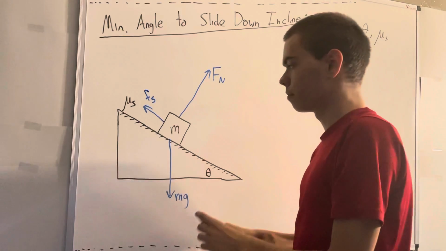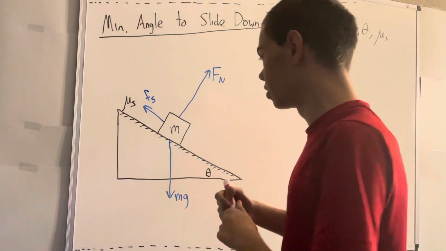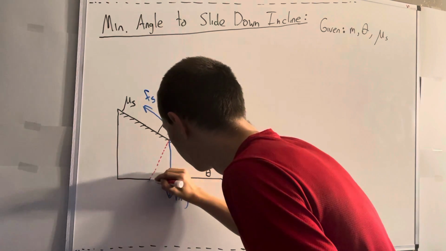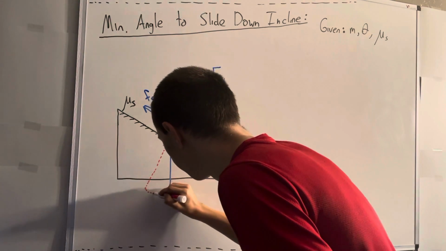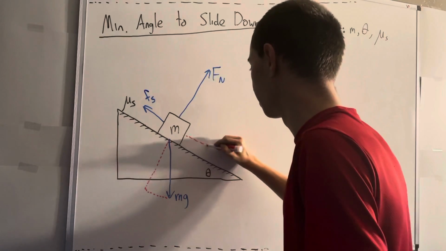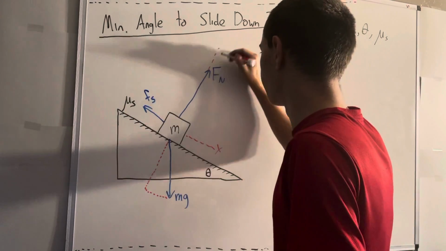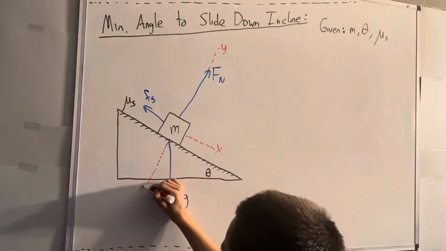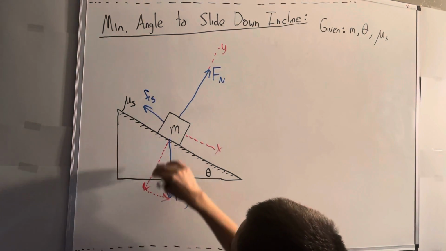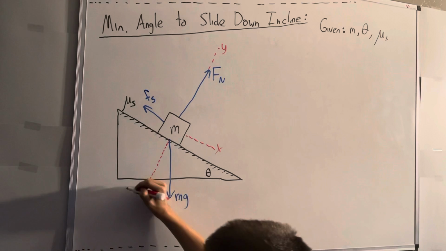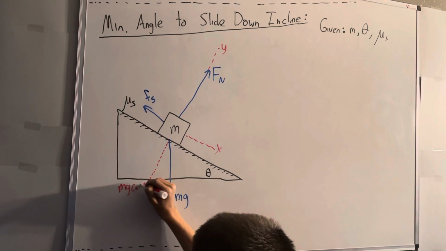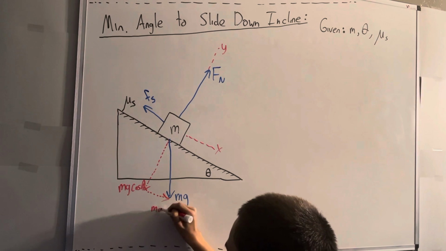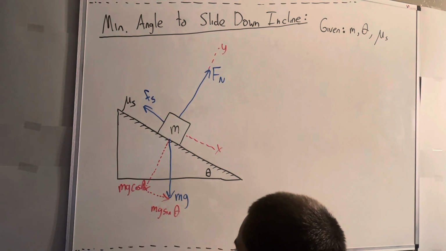So these are basically the forces acting on our block. And remember what we like to do. We like to break up our weight into components like this, right? We like to call this the x direction and this the y direction. And so we know that the y component of the weight force here is just mg cosine theta, and this one's just mg sine theta.